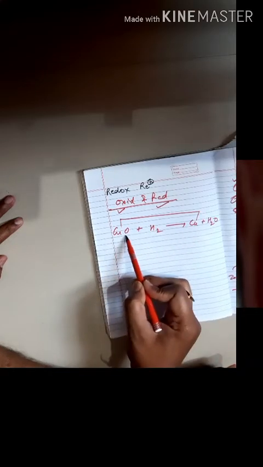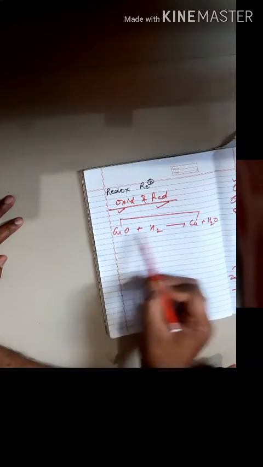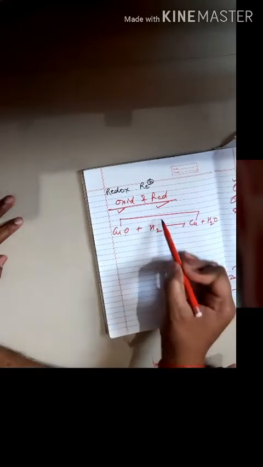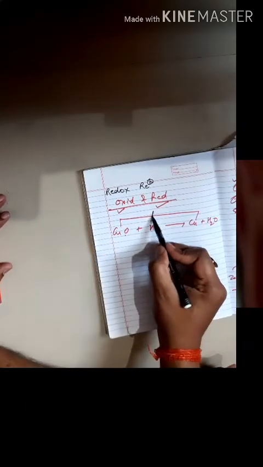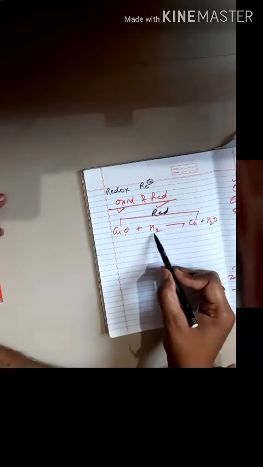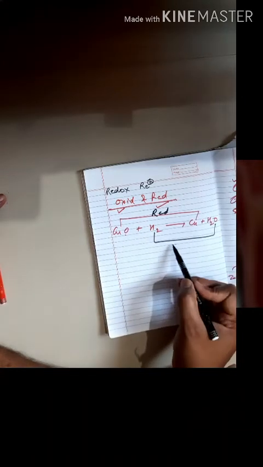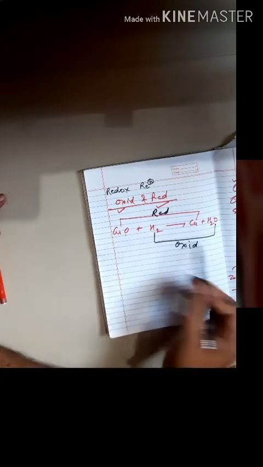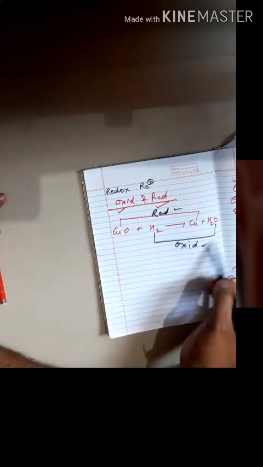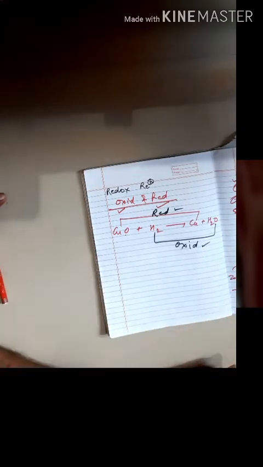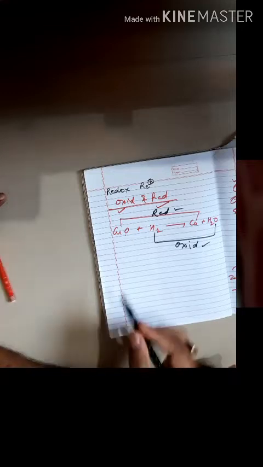CuO, copper oxide, loses oxygen. So removal of oxygen is a reduction reaction. Now H2 adds oxygen, so this is oxidation. So both reduction as well as oxidation, so this type of reaction is called a redox reaction.